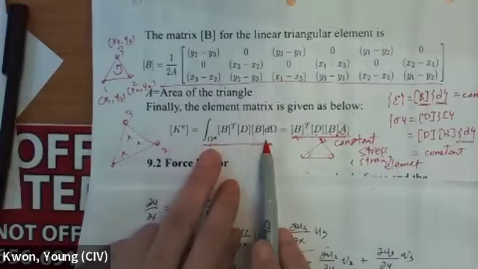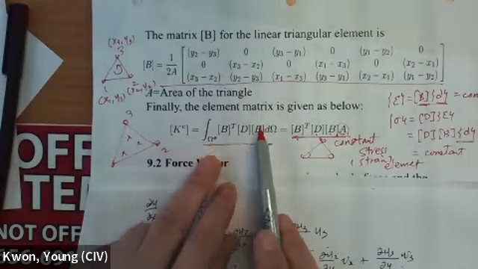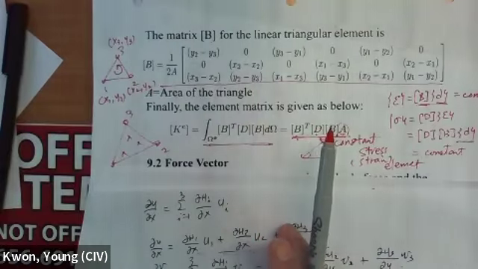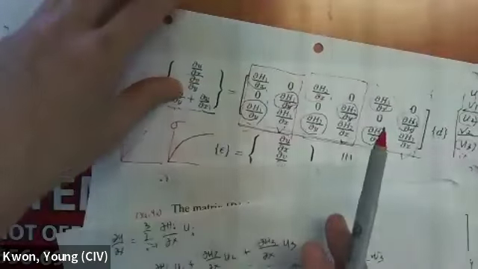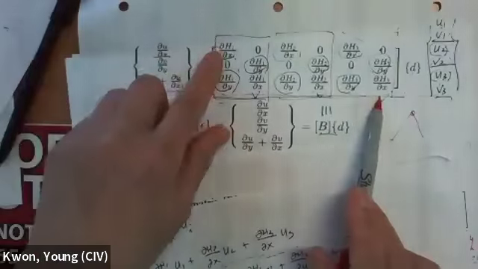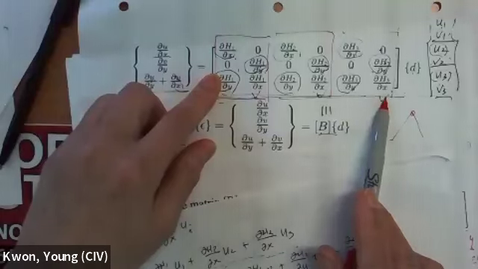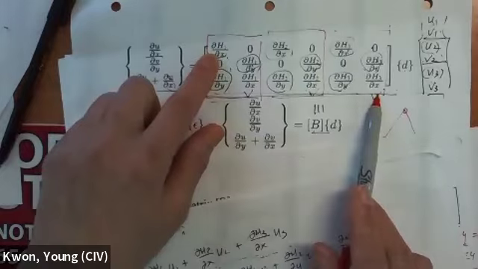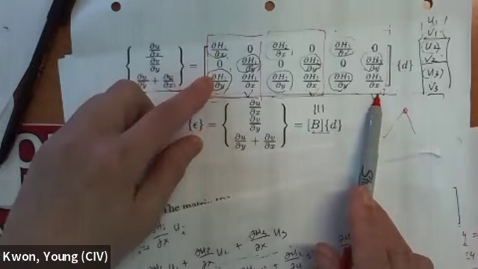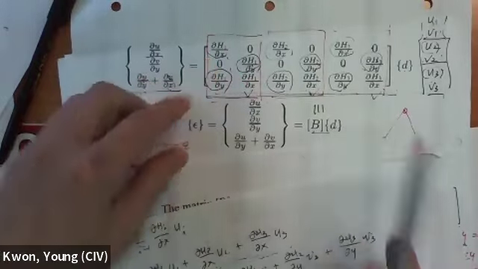And if you use isoparametric formulation, you can still do the same thing. In other words, you know how to calculate the matrix D and the matrix B here using the isoparametric element. You did one example in your midterm exam: dH1 over dx, dH1 over dy. You can evaluate this for the isoparametric element.